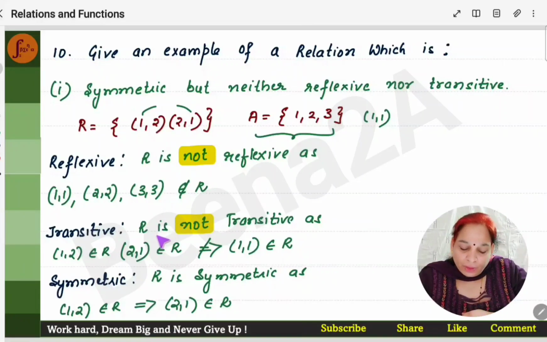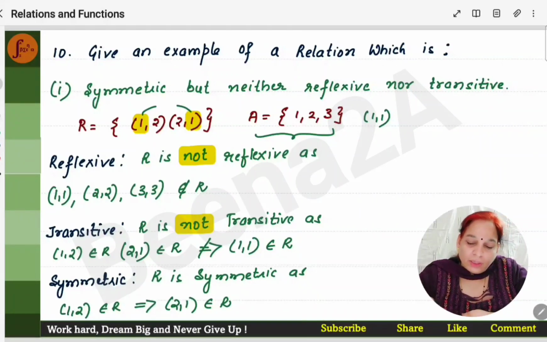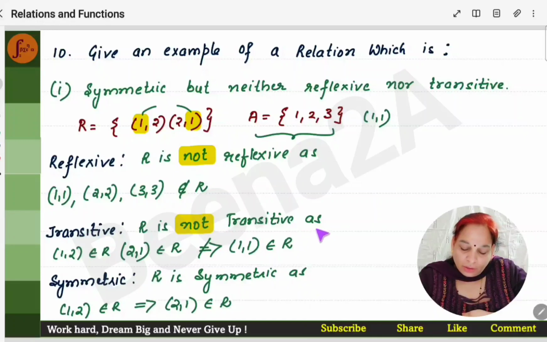So we are telling R is not transitive as 1 comma 2 belongs to R, 2 comma 1 also belongs to R, but it does not imply that 1 comma 1 belongs to R, right? 1 comma 1, this element and this element does not belong to R. Hence it's not transitive.